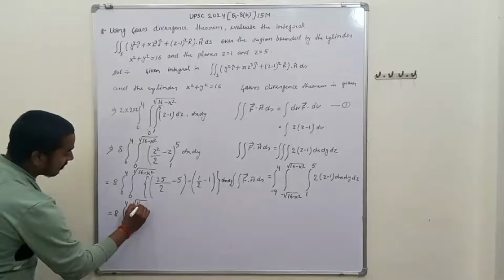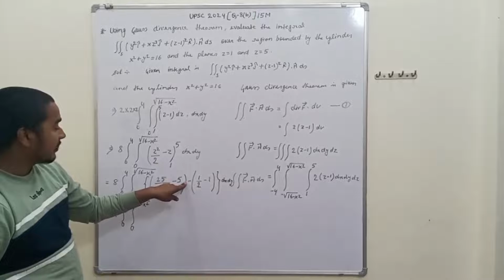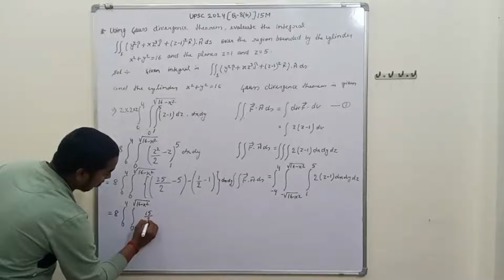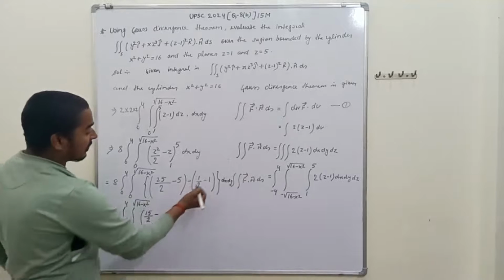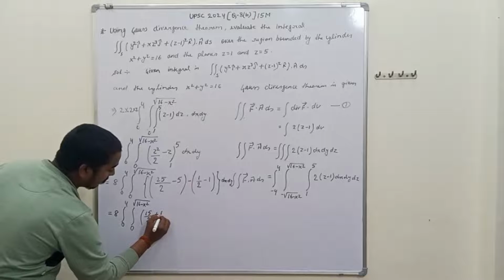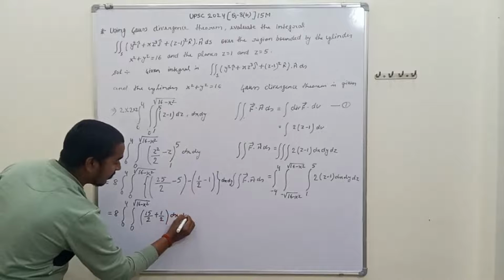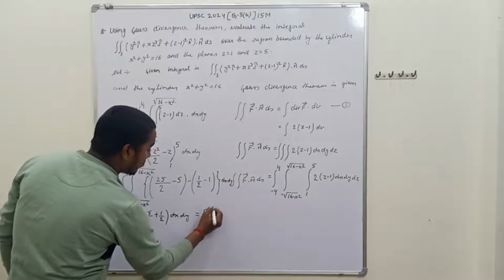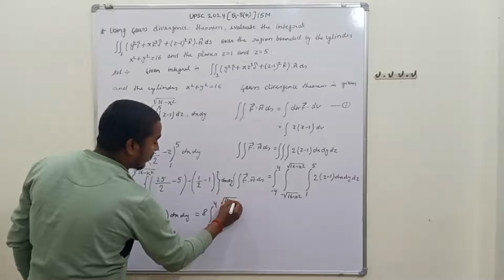Further we have to solve: 8 times the integral from 0 to 4, and 0 to under root of 16 minus x square.